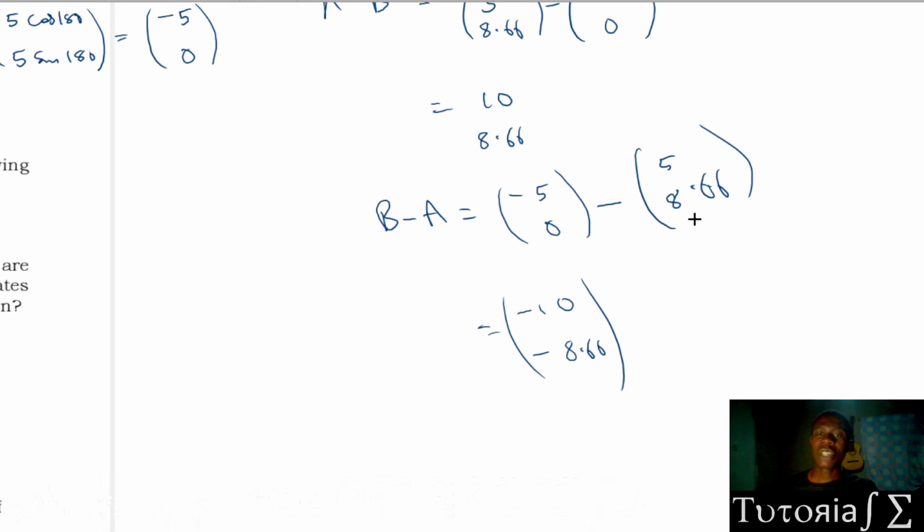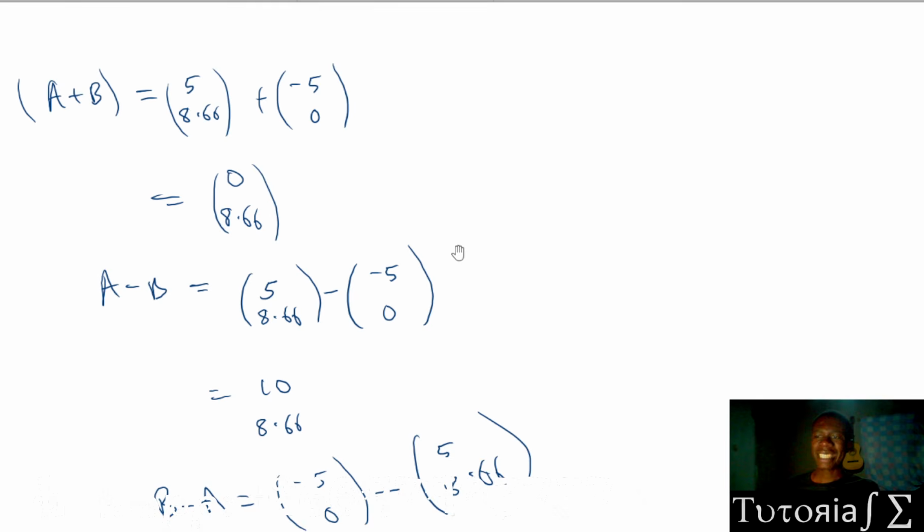Now we come to the issue of finding the angle of the vector or the direction of the vector. All right, so for whatever vector that you have, for you to find the direction. So for instance, this vector has the x component and the y component.